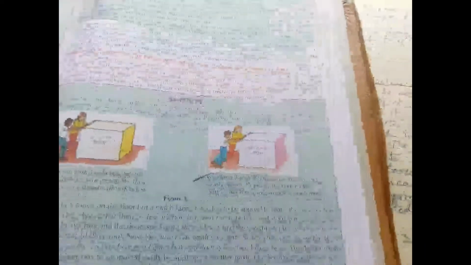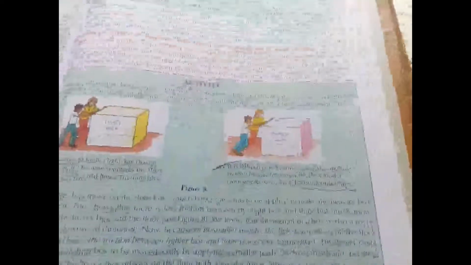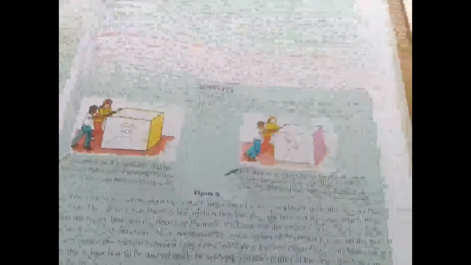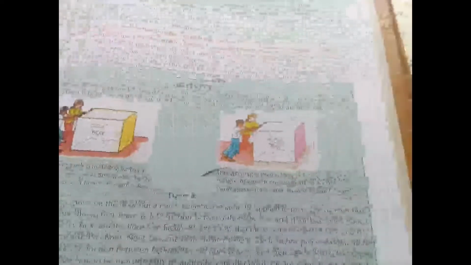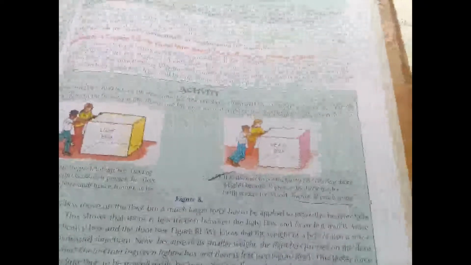Okay. So I think from the diagram it is clear that if the box is light, then we have to apply very less force, less friction, and if the box is heavy, then we have to apply more force because the friction is more. Okay.